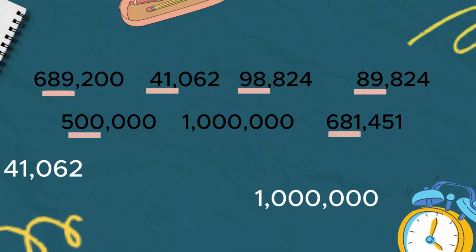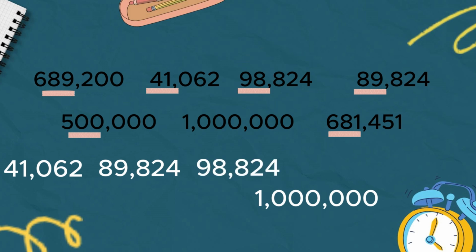Next is 89. So this number will be the next in order. Then we have 98. This will be the next in the order. And then after 98, we have 500. So 500,000 will be in the next order.